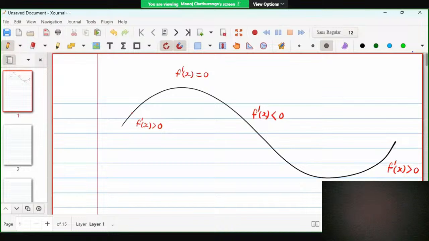So the sign of the derivative tells us about the increasing or decreasing nature of the function. Here the function is increasing, then when the derivative is negative, it is decreasing.